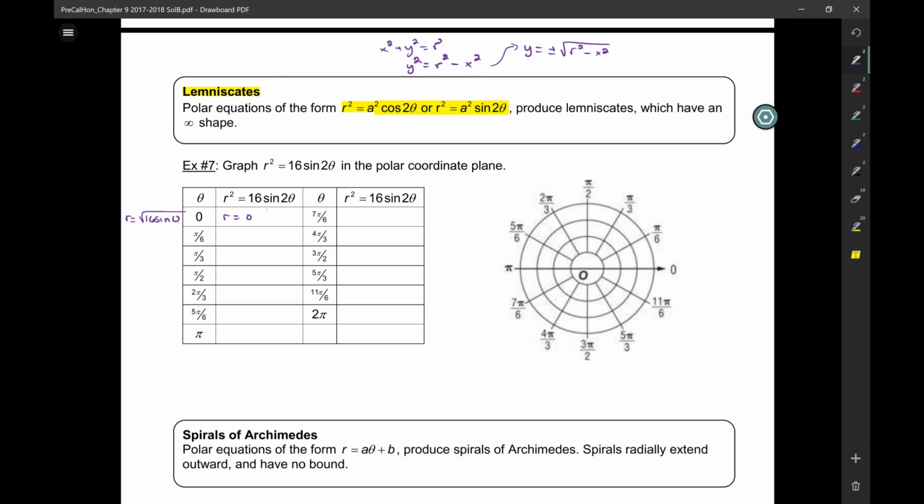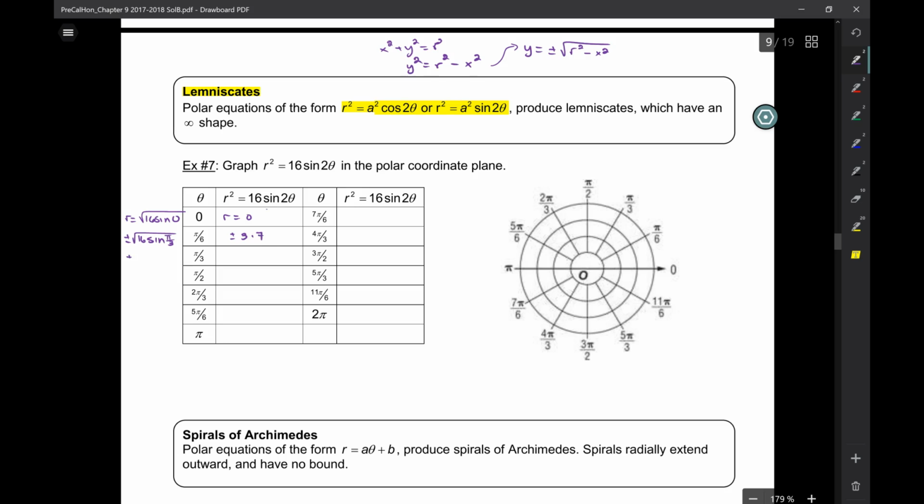Let's do one. Okay, so here we're going to do plus or minus the square root of 16 sine 2 times pi over 6. That's pi over 3, right? So we're going to get plus or minus 3.7.